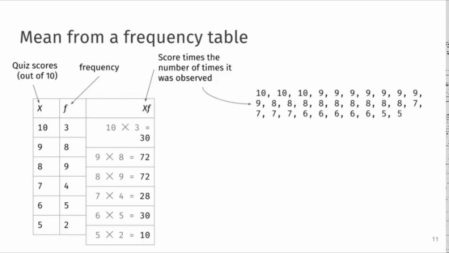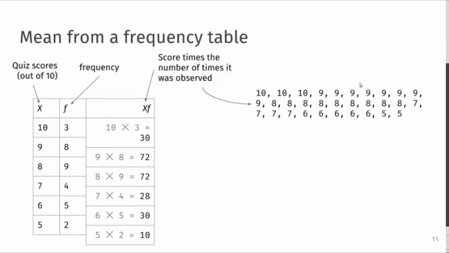And what this actually is doing is basically transforming the frequency table back into the raw data. So what we do, we say 10 times 3, well, that's 10, 10, 10. And then 9 times 8, that's 8 nines.